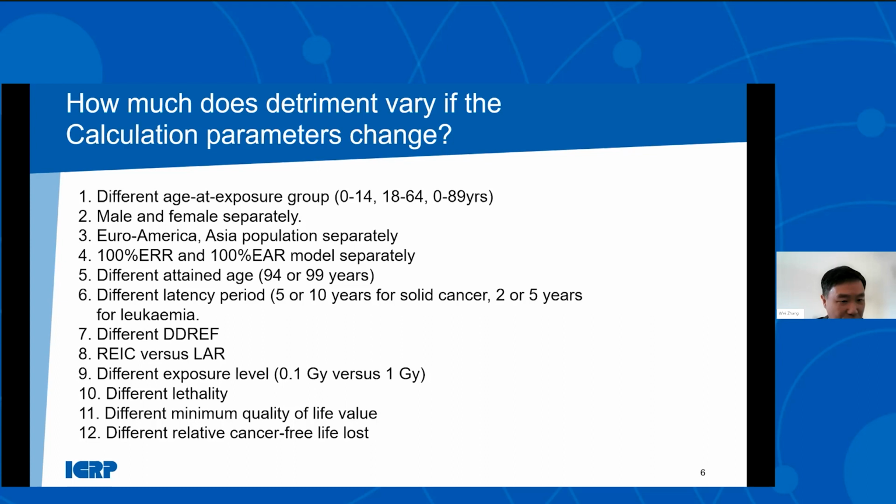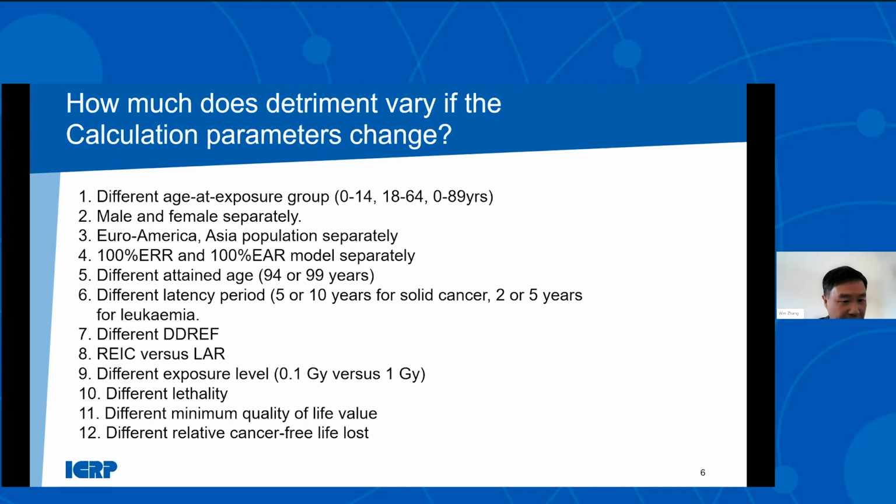We will also do the calculations for different exposure levels. We know that ICRP publication 103 calculates the lifetime risk at 0.1 gray and multiplies by 10 to get the value per sievert. We will calculate the lifetime risk at 1 gray directly and compare with what is presented in ICRP publication 103.